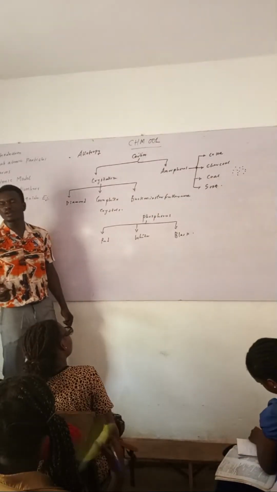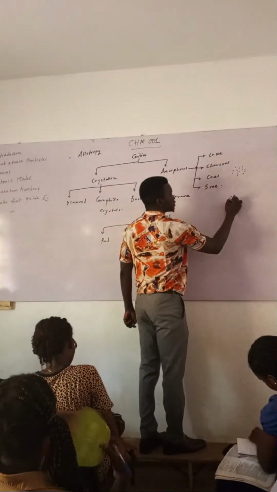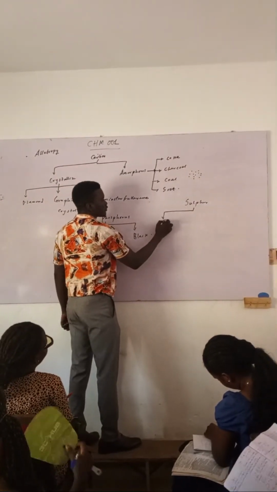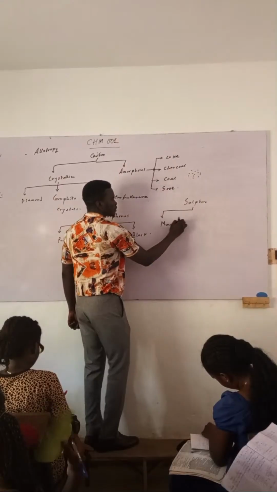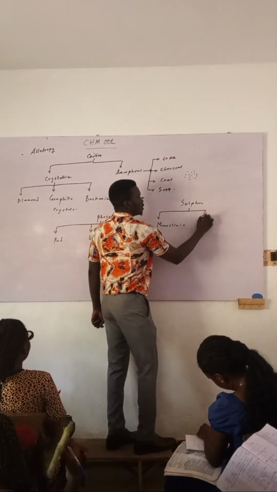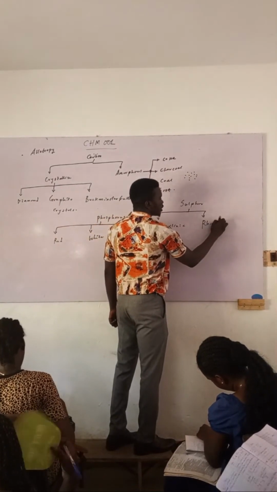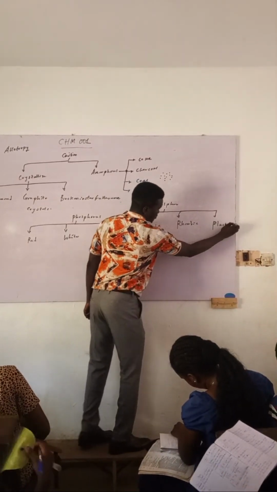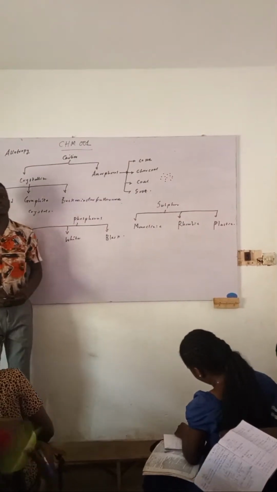We also have allotropes of sulfur: monoclinic sulfur, rhombic sulfur, and plastic or rubber sulfur, and the likes.